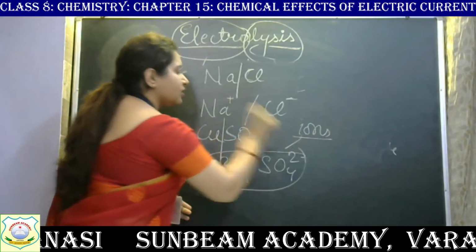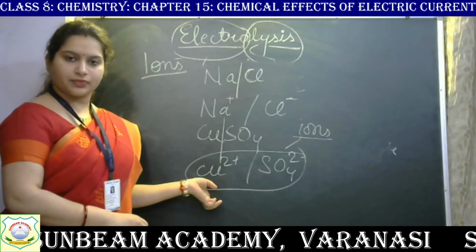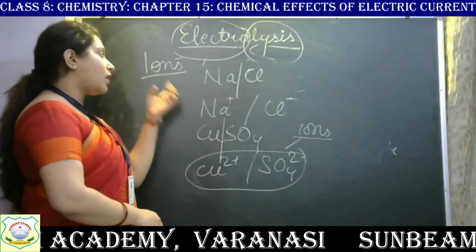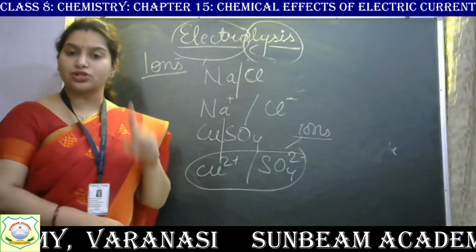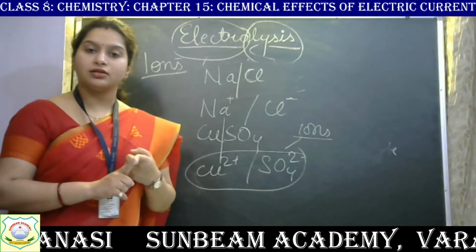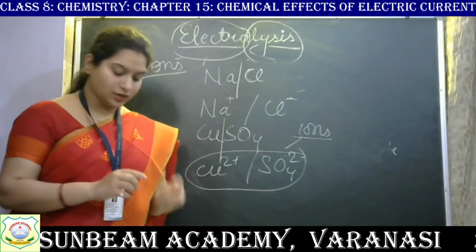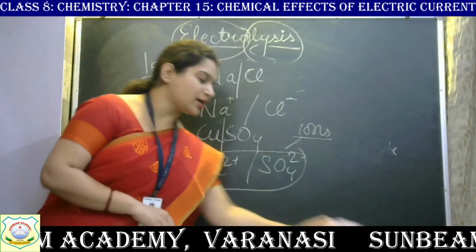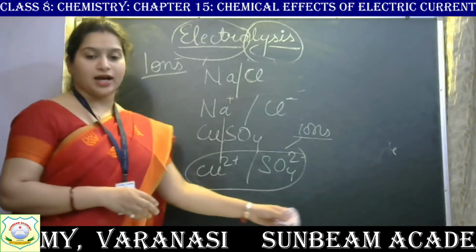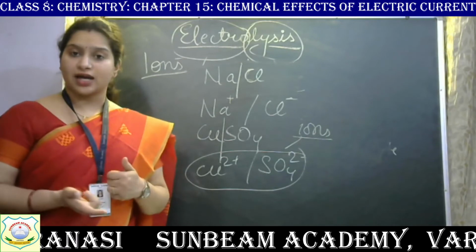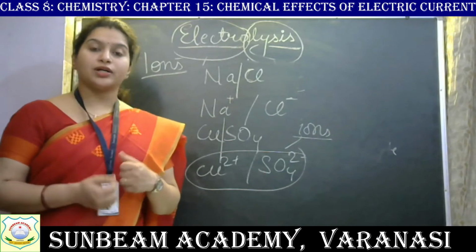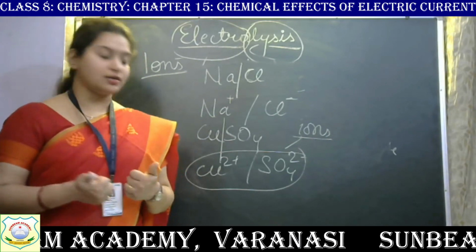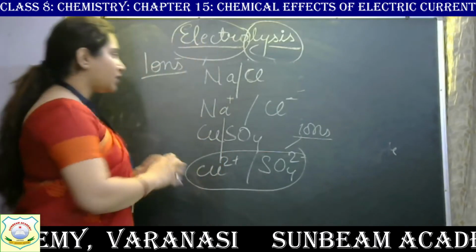Getting it? Now, ions are also of two types, anion and cation. So what is anion and what is cation? So listen to me very carefully.